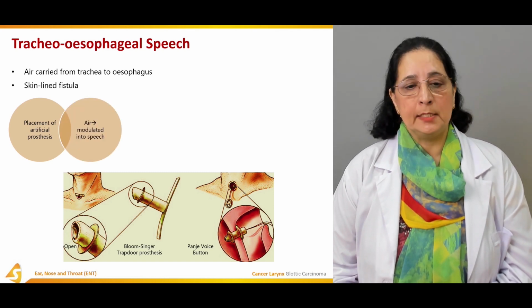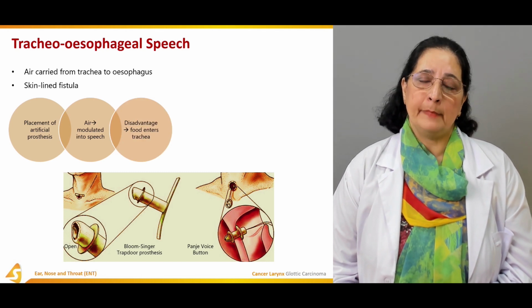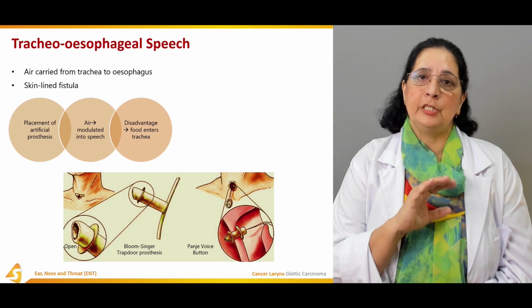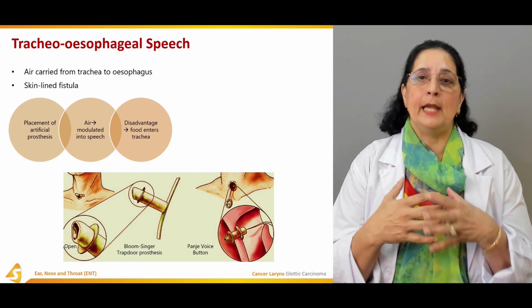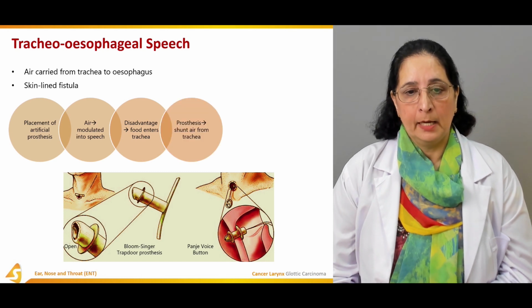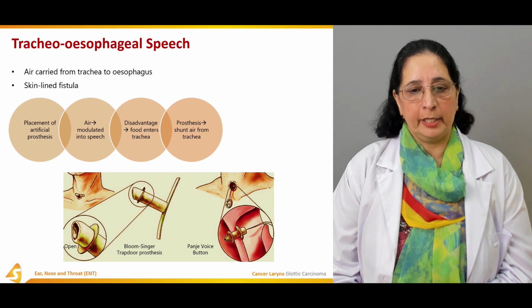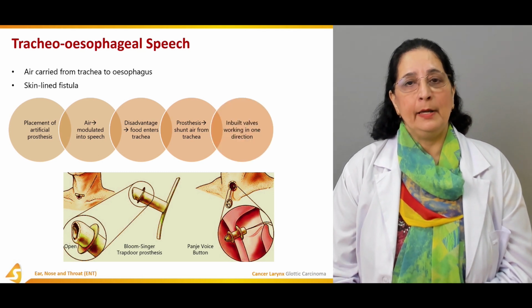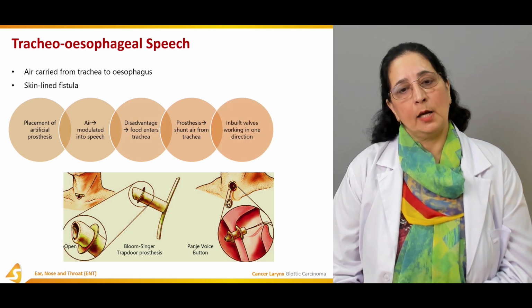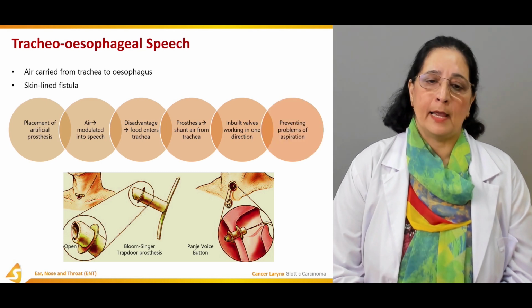Air is modulated into speech. The disadvantage of this method is that, since it's tracheoesophageal, food can enter the trachea and cause choking. The prosthesis shunts air from the trachea and has inbuilt valves working in one direction. It prevents the problem of aspiration.